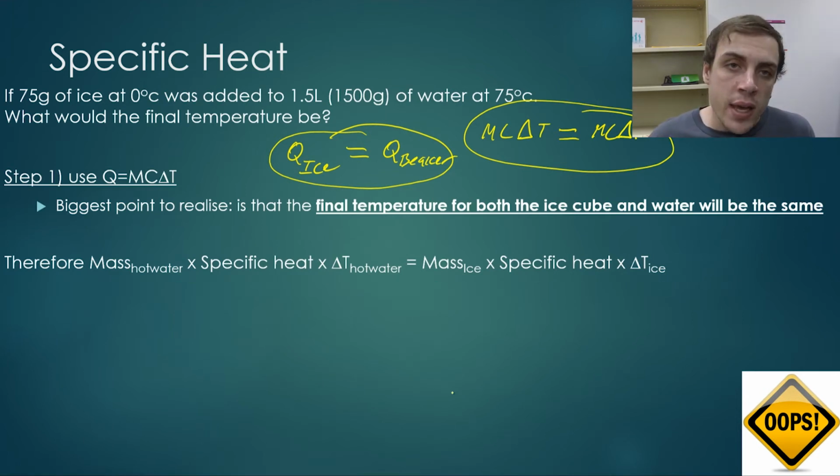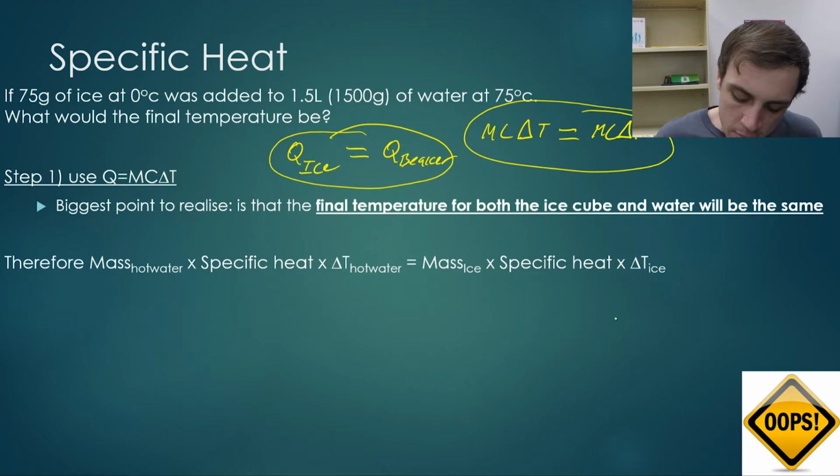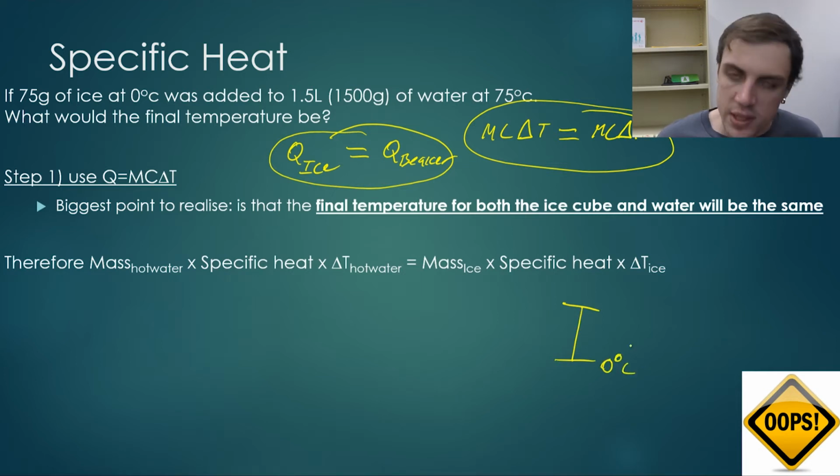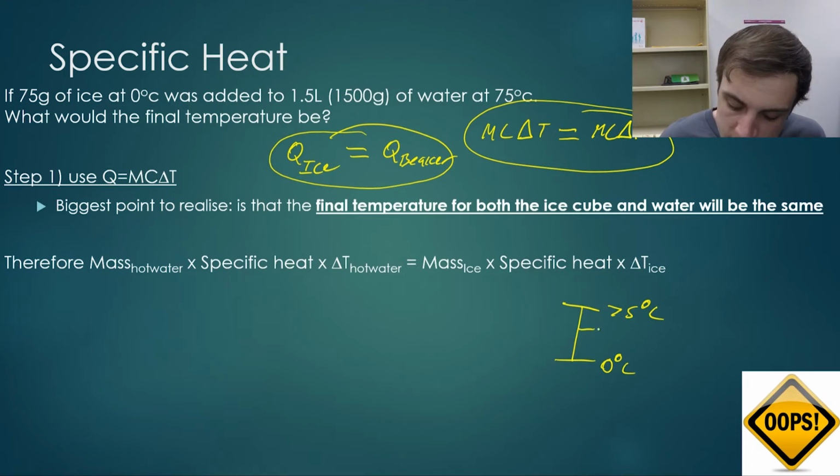Now, here's where things get a little bit more tricky. I'm going to draw a quick temperature scale. We have our ice, which is at 0 degrees Celsius, and we have our hot water, which is 75 degrees Celsius. Somewhere in between these two values, we don't know where, is our final temperature, which we will denote as X. So we can look at this gap here.